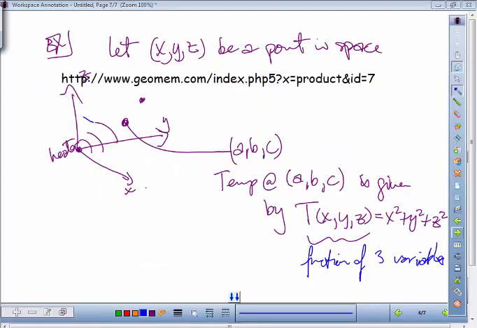So that's the same idea with this thing. If I'm at this point, ABC, let's say ABC was where am I? I would be 4, 3, 6.